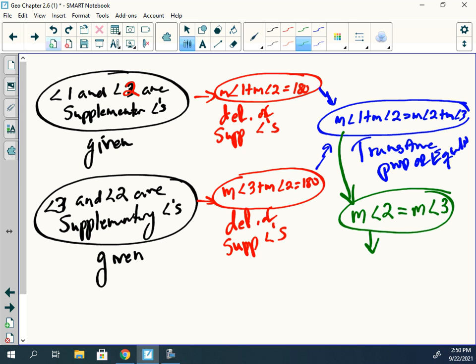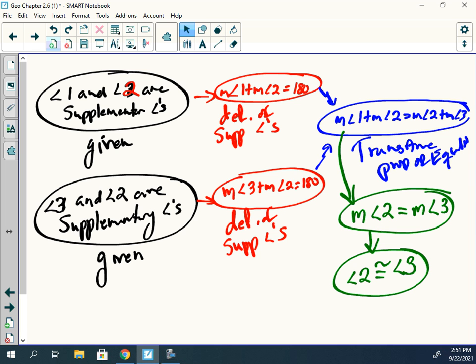And then because of the definition of congruency, angle 1 is congruent to angle 3. Because we had our subtraction property of equality and then the definition of congruent angles. We can show this flow of how one step leads to the next and what is really relating to each other.